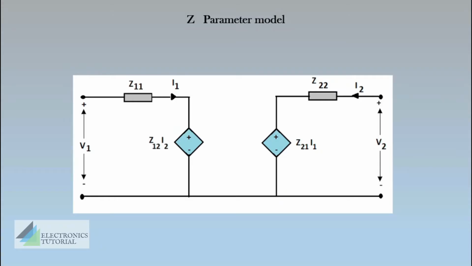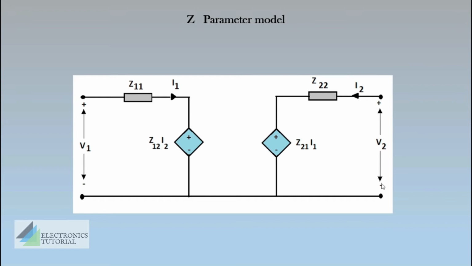This diagram represents a Z parameter model. This is standard parameter representation. These terminals act as the input port and this acts as the output port. The input voltage V1 is shown here and here is the input current I1.